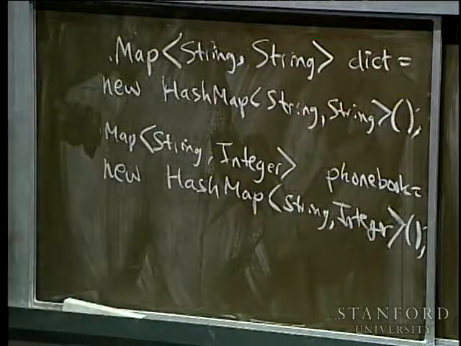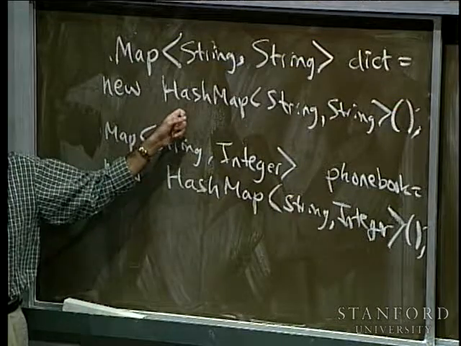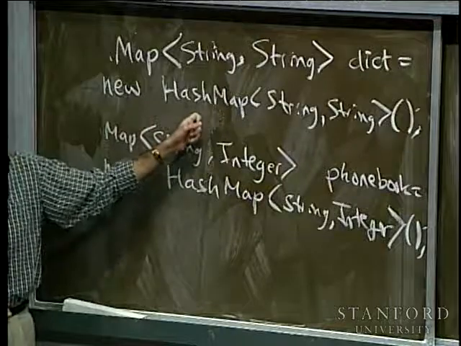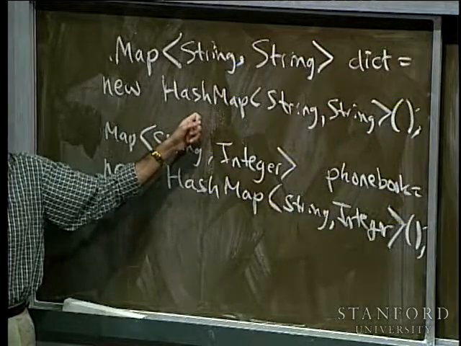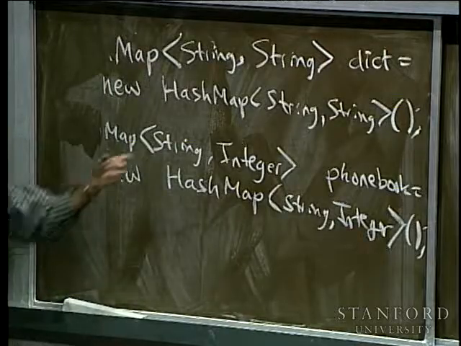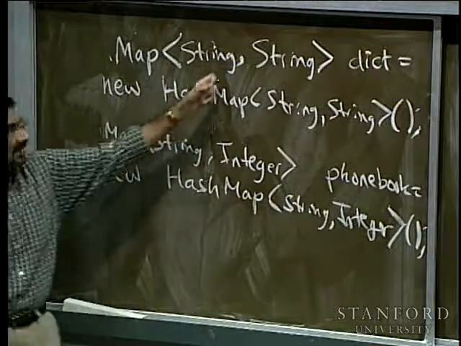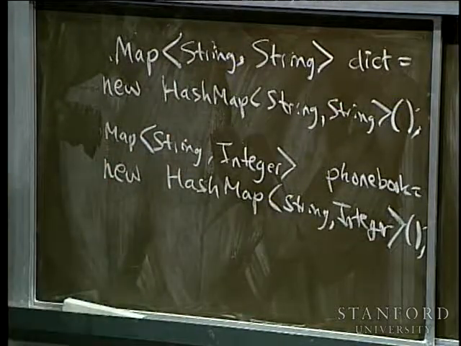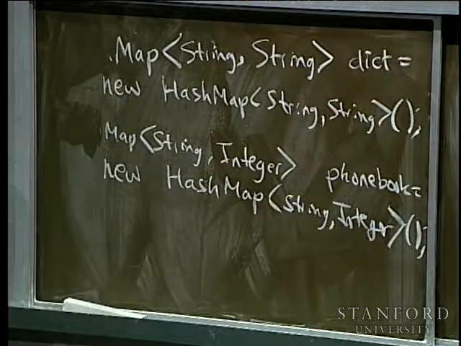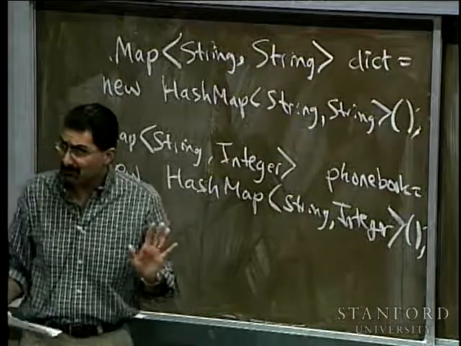It makes sense both ways. But you can't drop the Hash here. Right? Because a Map is an abstract idea. You can't say, give me a new abstract idea. That's not going to work. You can say, give me a new HashMap. That's the concrete thing. And what am I going to assign that concrete thing to? Well, this concrete thing implements the abstract idea, so it's perfectly fine to say, here's the concrete thing, use it in the place of this abstract idea. Okay? Any questions about that?